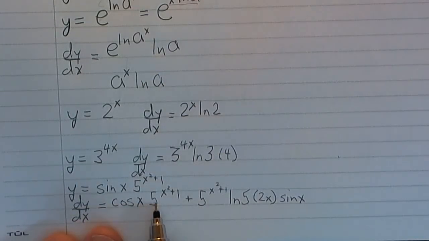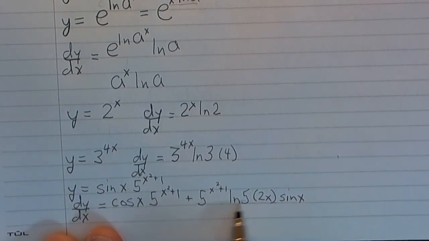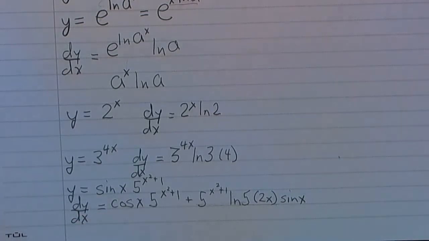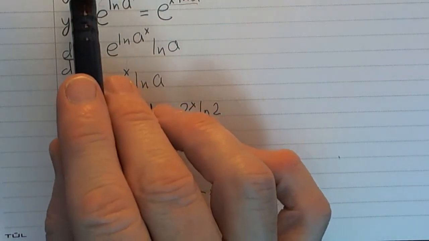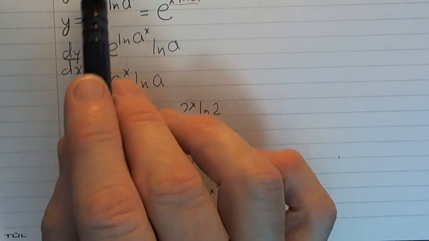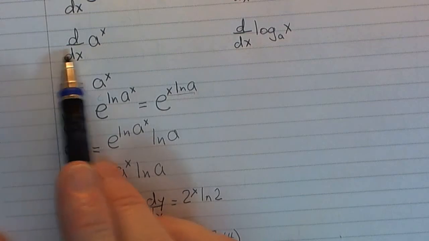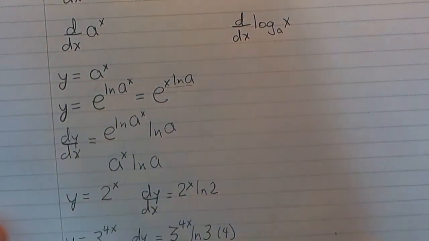Derivative of the first times the second plus the derivative of the second, all of this times the first. Yeah, there we go. So this is the derivative for the general exponential function, just a to the x.